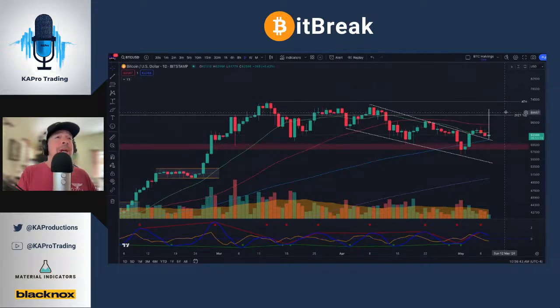If it holds, we consolidate above here, then we can talk about going after this all-time high. And if not, well, guess what? We drop back into this range and we start over and potentially retest this support level again. So that's really the long and short of what I'm looking at here in terms of how liquidity looks in the chart relative to that and other things really impacting the market.